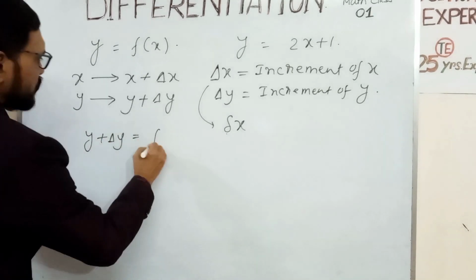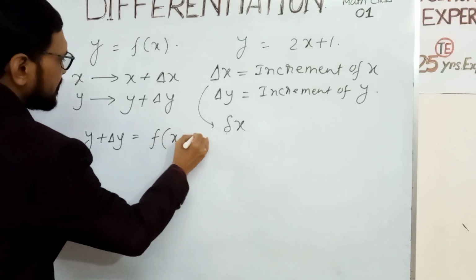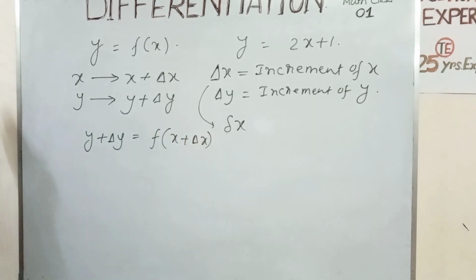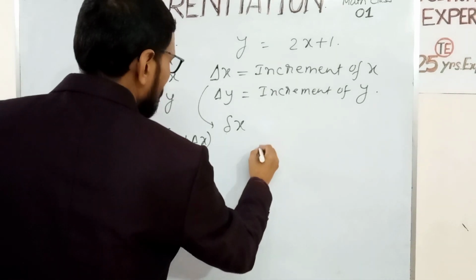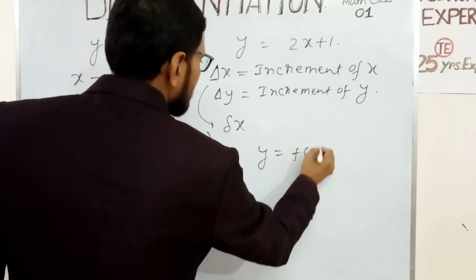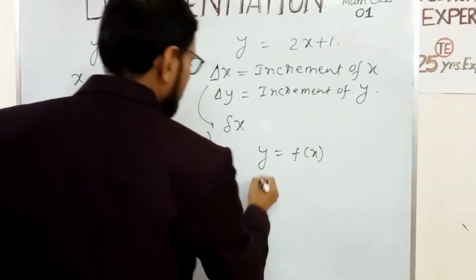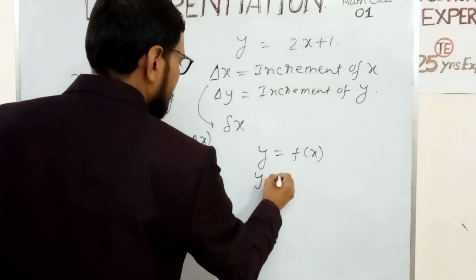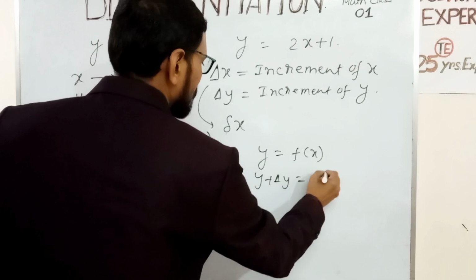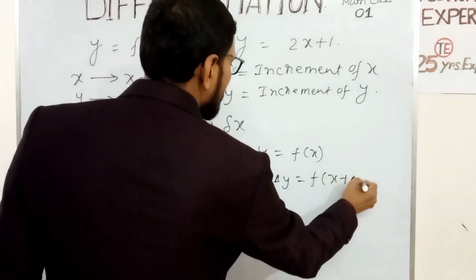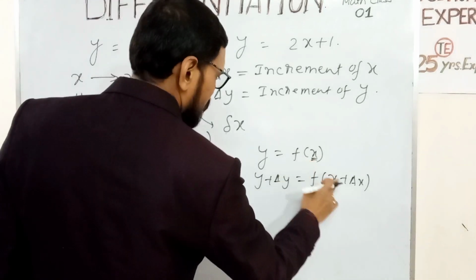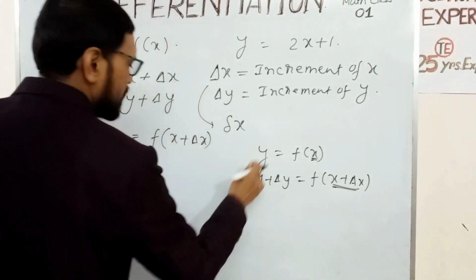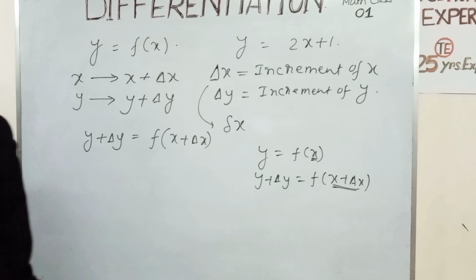Obviously, from the definition of function, if y equal to f(x), then y plus delta y equal to f of x plus delta x, because here we increase the value of x to x plus delta x, so y becomes y plus delta y.